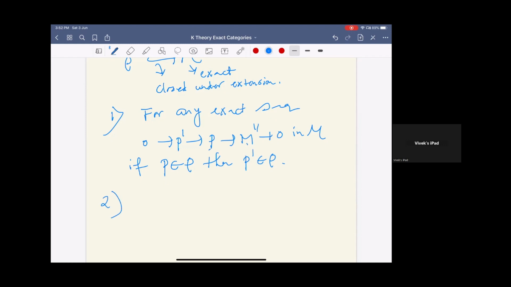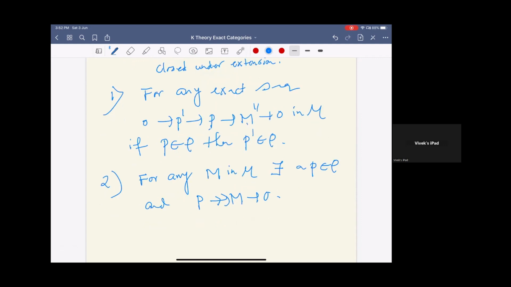So the second property is: for any M in M, there exists a P in rho and an epimorphism from P to M. Then Kn of rho is isomorphic to Kn of M for an exact category M.